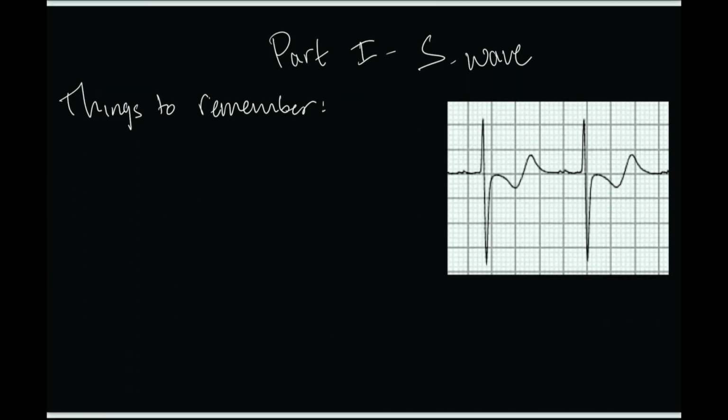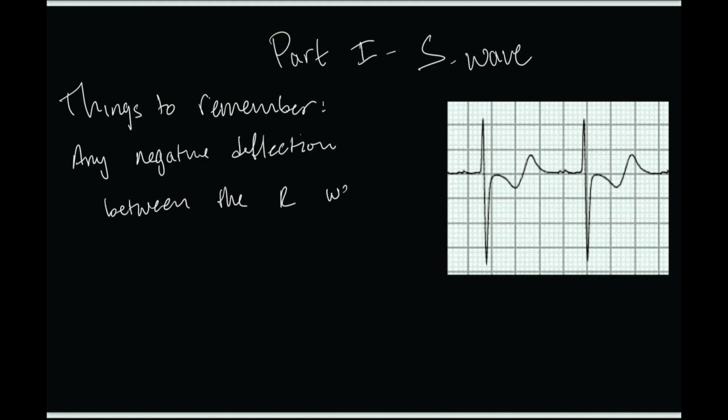The S wave. The S wave is any negative deflection between the R wave and the T wave. So if we look at this example, we have this P wave present.